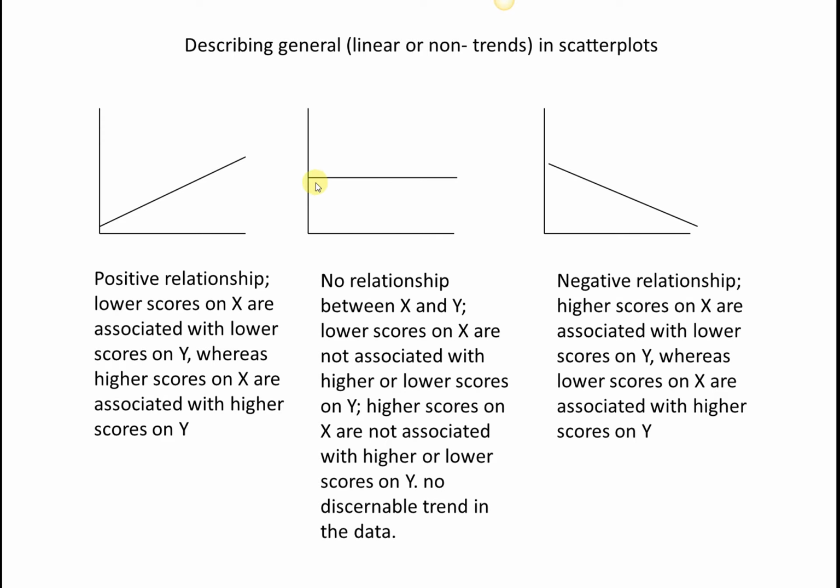So you can see right here, this is no relationship. It's a perfectly horizontal fit line, and if I was plotting out my data points, they would be randomly dispersed around this line. Whereas if I have a perfect positive relationship, the data points would actually line up on the line. As you can see right here, with our perfect negative relationship, the same would occur.